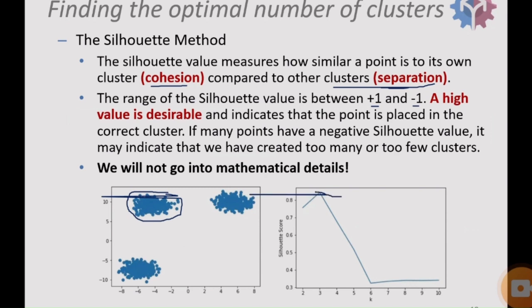Which number of clusters is showing you the highest Silhouette value? Can you see on this map? Now I'm going to draw this Silhouette value. This is the highest value. So for the same problem, you can see that the elbow method and the Silhouette method are giving you the same value. The highest Silhouette value is occurring at 3 clusters.